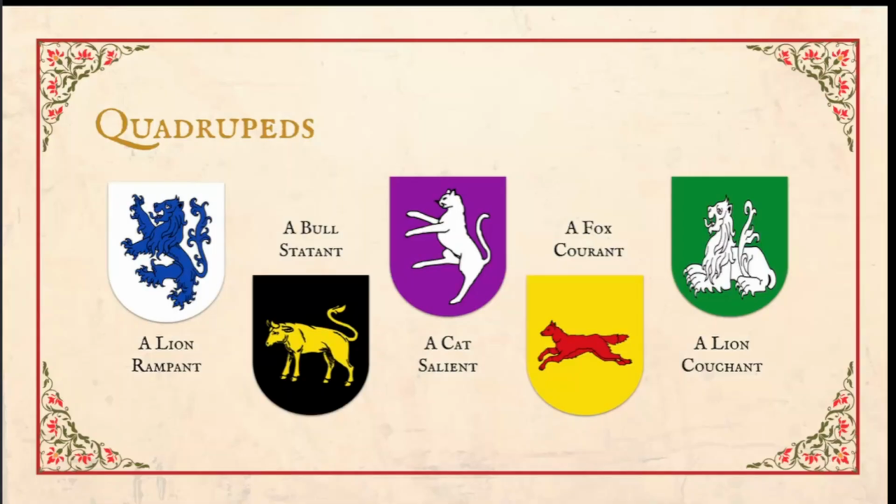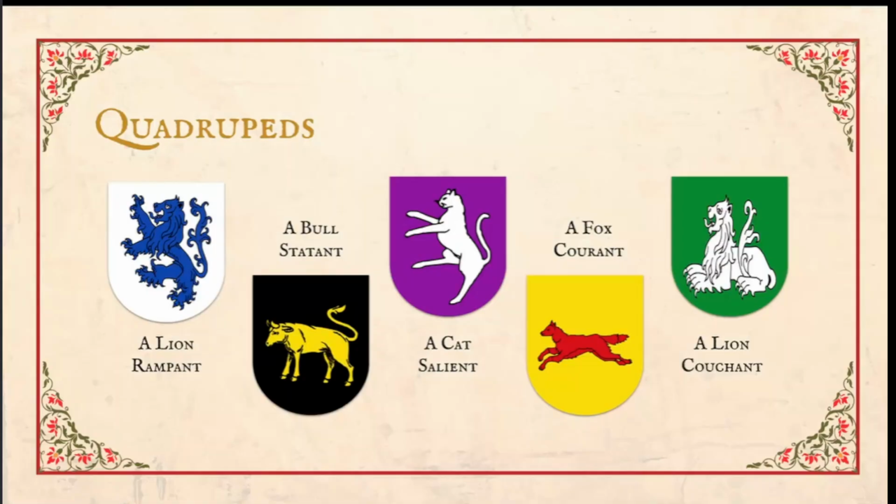But you're also going to be telling us how to draw that on the shield: is it standing upright, is it standing in a field, is it lying down? That's your position terminology. And then we're also going to sometimes get specific with things like, is the whole animal colored the same, or is the tail a different color, are the claws a different color, are the eyes a different color? We'll see some examples of that as we go.